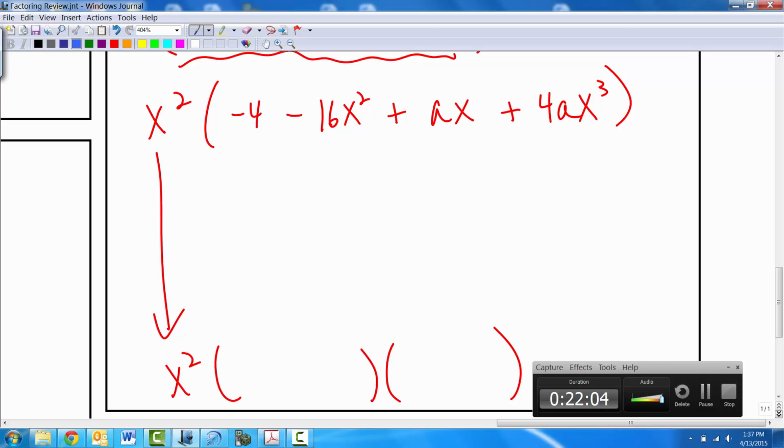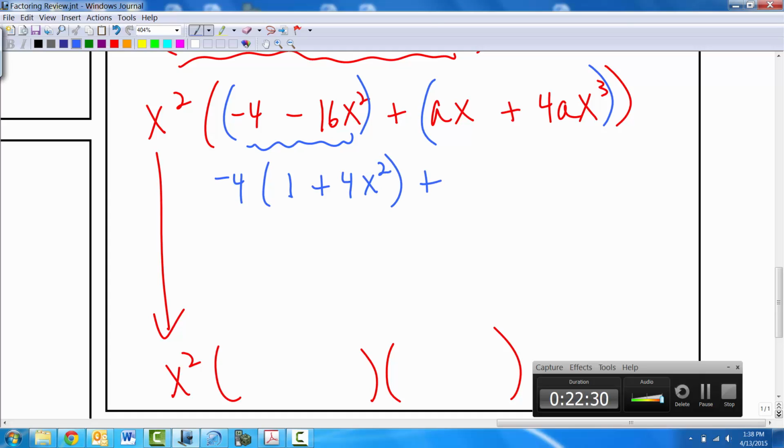Then on the inside, we are going to group. So I'm going to change colors on that. What is the greatest common factor in this one? It is negative 4. You should definitely take out a negative 4. And then what are you left with? 1 plus 4x squared. And then what should you take out of this one?